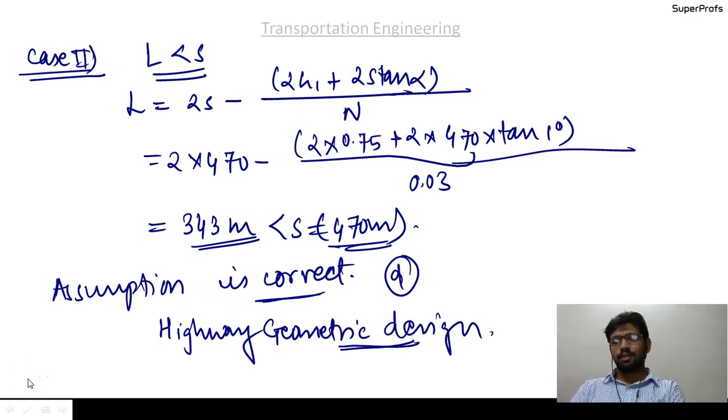So after solving the previous year GATE questions, you might have realized that if you know the formula, you have proper concepts, and you take care of the tricks involved, then you can very easily solve the GATE questions.